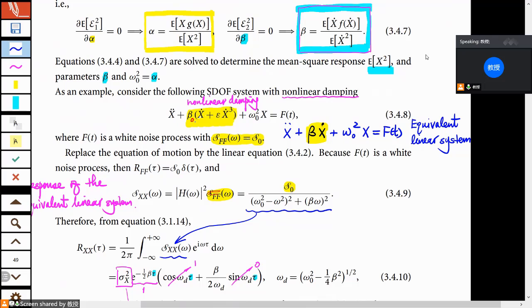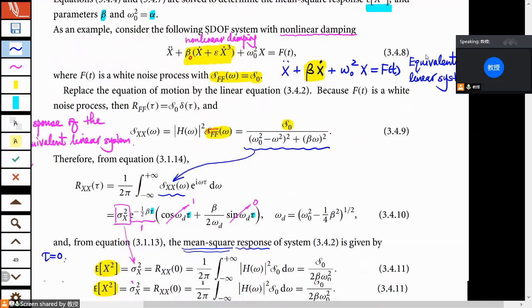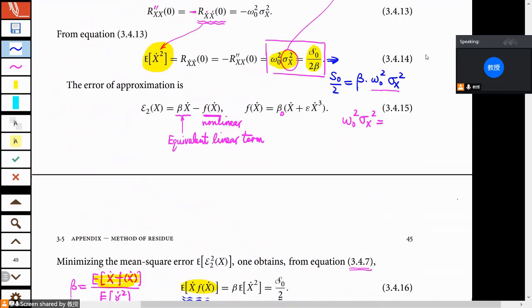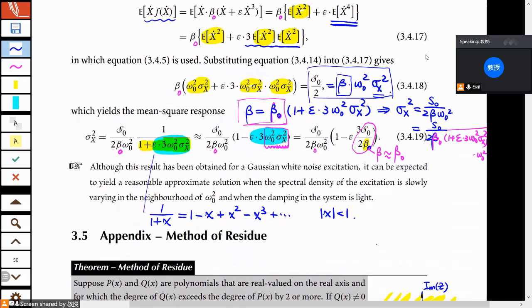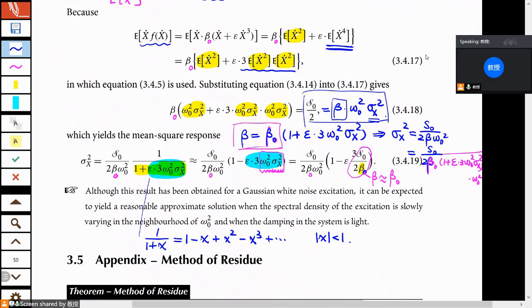One is the original beta 0, and beta is the equivalent term. After we go through all this, we find a relationship between beta and beta 0.